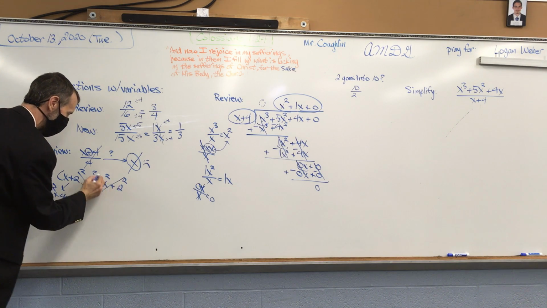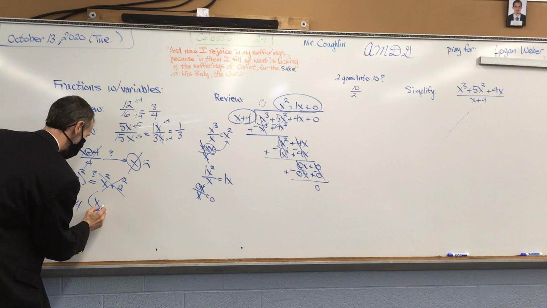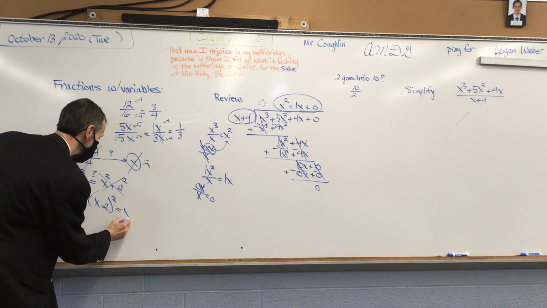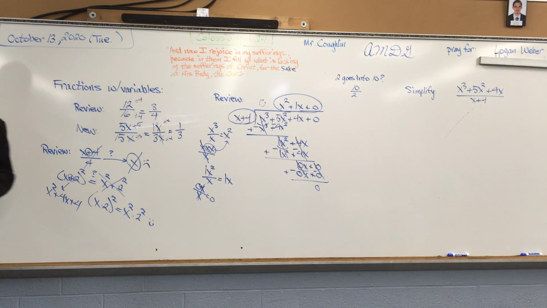In other words, this didn't work. And guess what caused the problem? This cute little plus sign. If that had been a multiplication sign, it would have worked like a charm. Watch this. X times 2 squared is x squared times 2 squared. That one works wonderfully. Multiplication is fine.